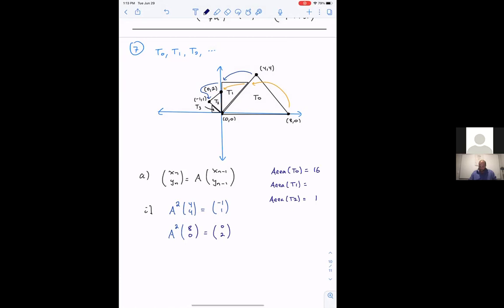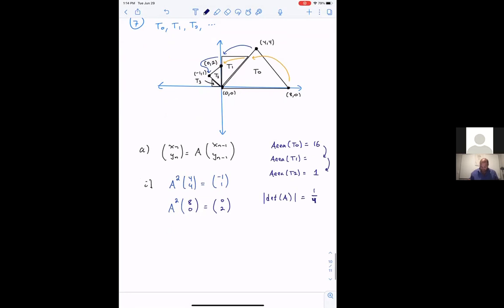So the area of T2 is equal to 1, which means that the area shrinks by a factor of 16 over the course of 2 transformations, which means your area scale factor is going to be 1/4, right? So the determinant of A, absolute value at least, should be equal to 1/4. So that when you perform it twice, it becomes 1/16.